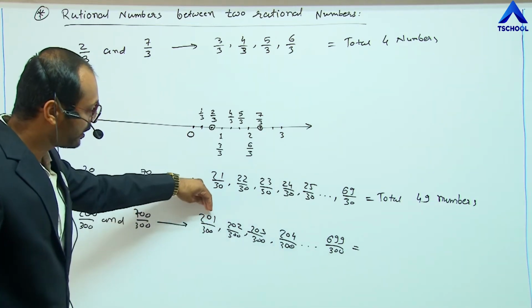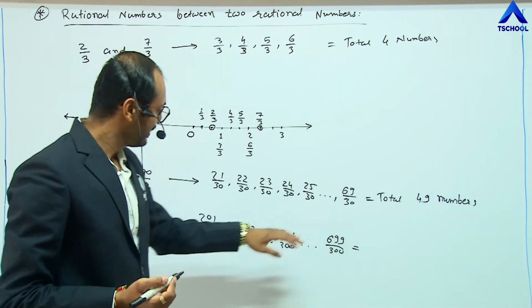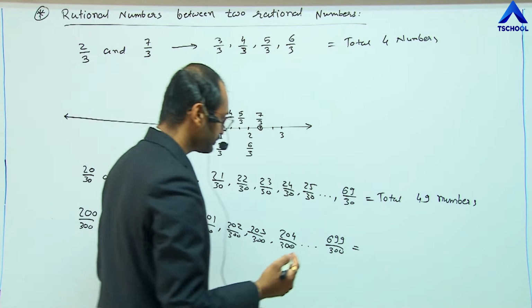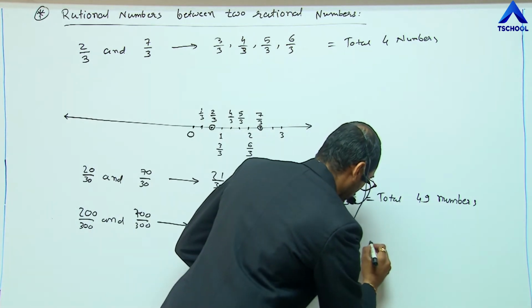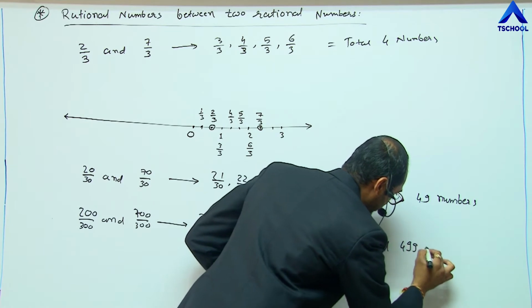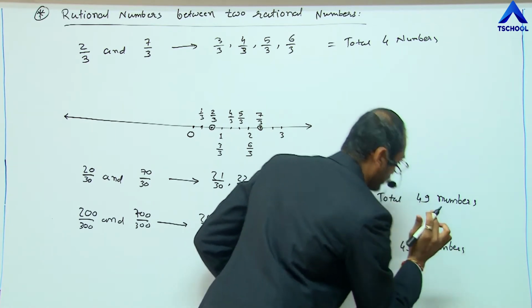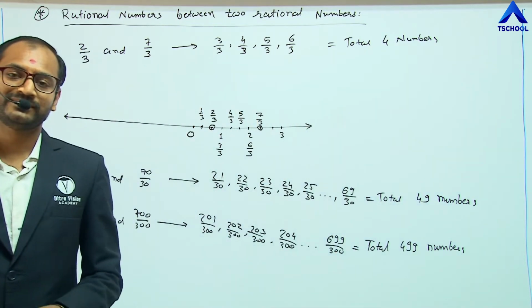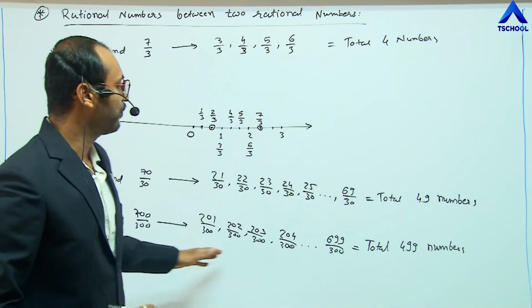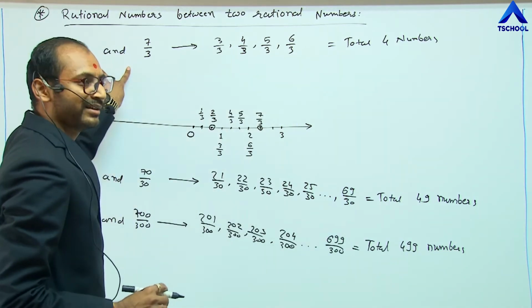Count from 201 to 699. So a total of 499 numbers are there. Is it clear? There are 499 numbers in between the same numbers.